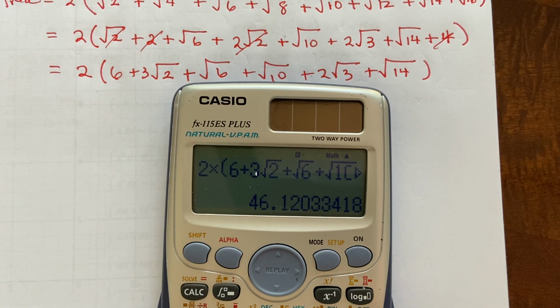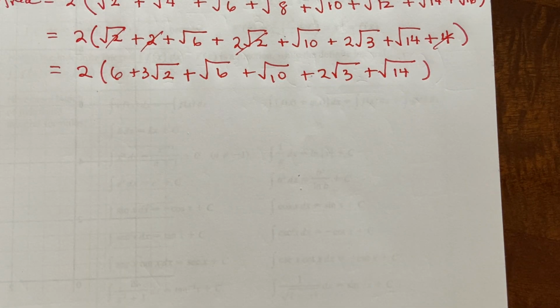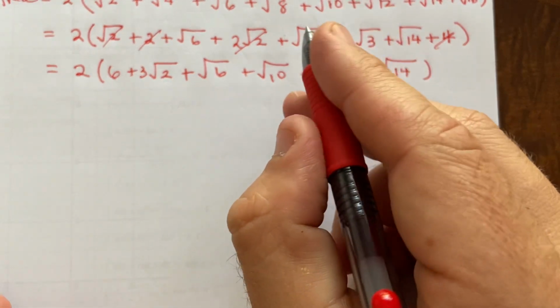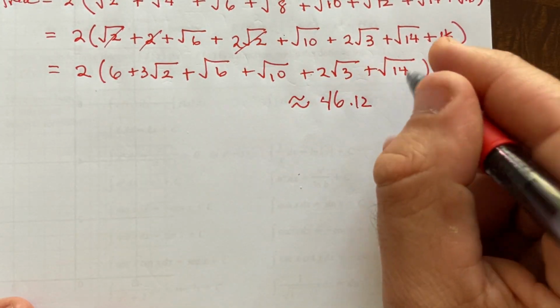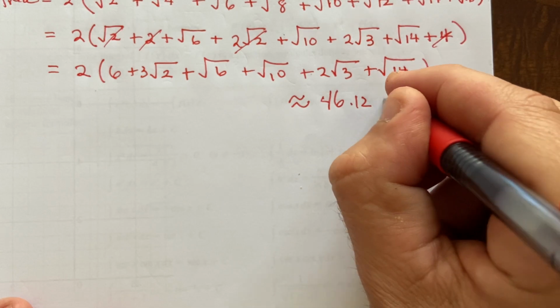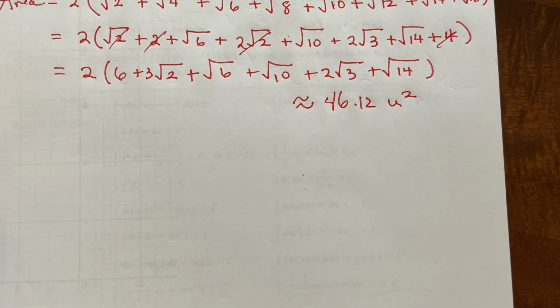So here's our estimate, it looks like. Hopefully this is a good estimate. This is kind of a weird way to do it. You could have done it with fewer rectangles or more. So about 46.12. If I just take that to 2 decimals, and this would be square units.